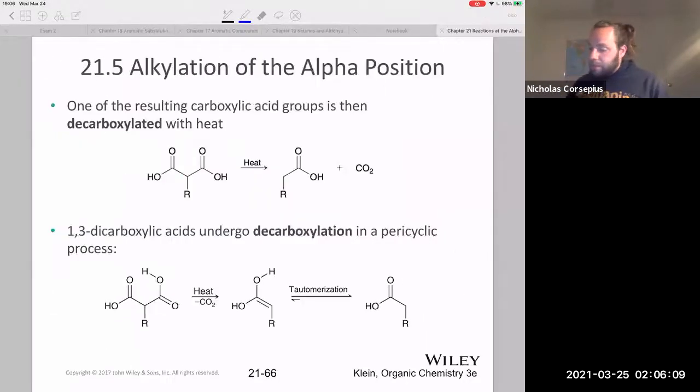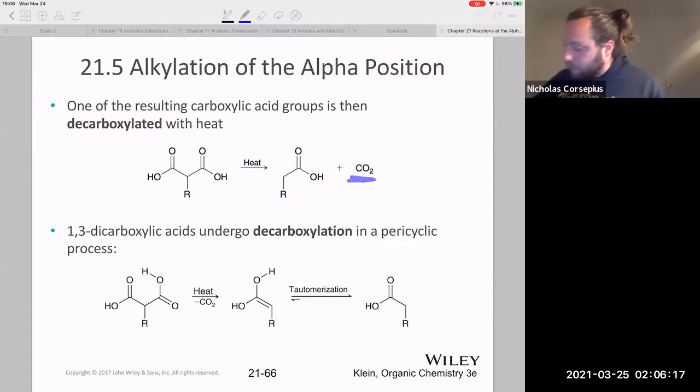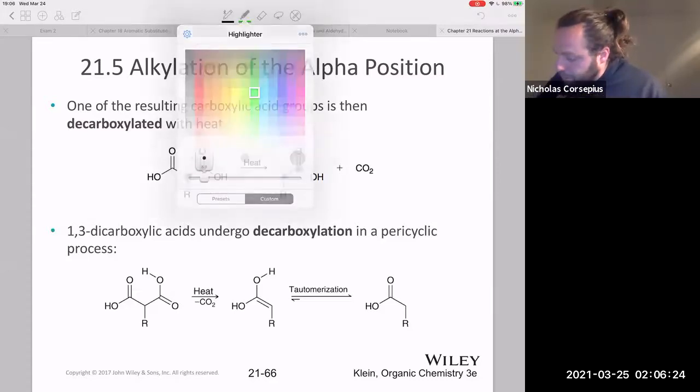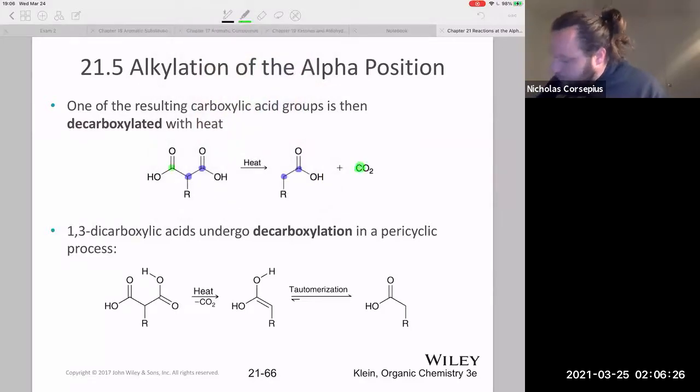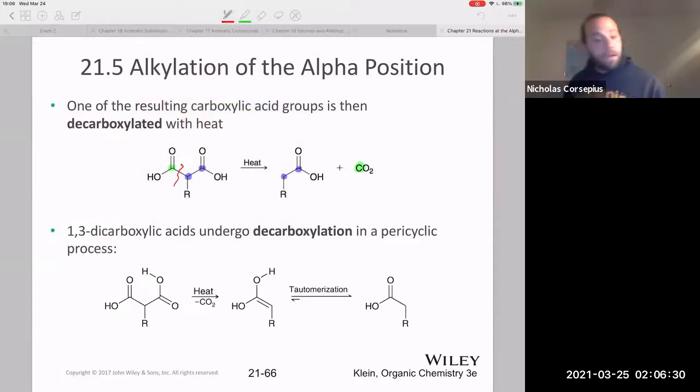And then the last step is we're going to heat this dicarboxylic acid, and it's going to break apart into CO2 and just one carboxylic acid, right? So this guy stays here, and then this carbon turns into CO2. So we sever this bond right here.